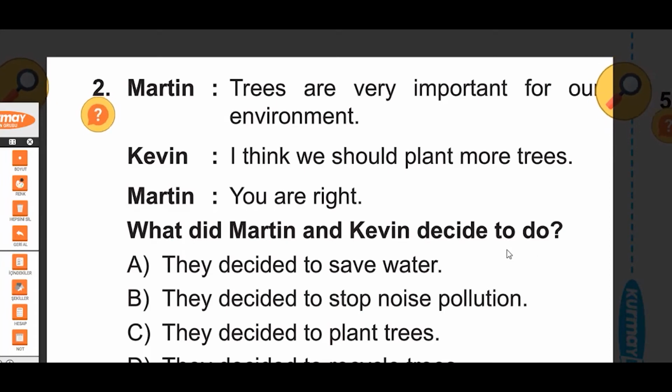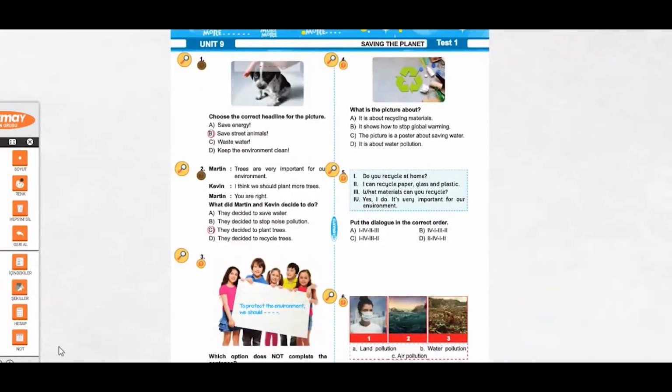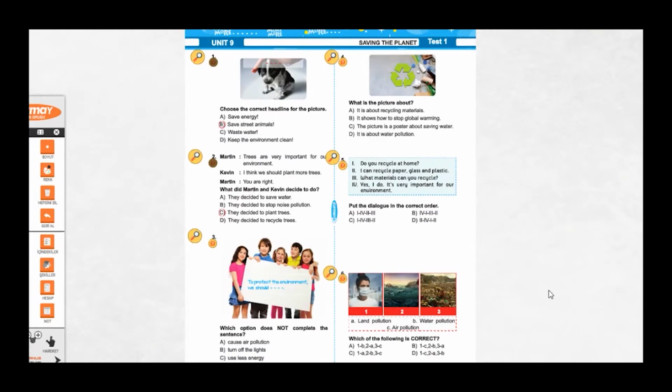They decided to save water, or they decided to stop noise pollution, or they decided to plant trees, or they decided to recycle trees. Of course, they decided to plant trees. So the answer is C. Okay, next one.